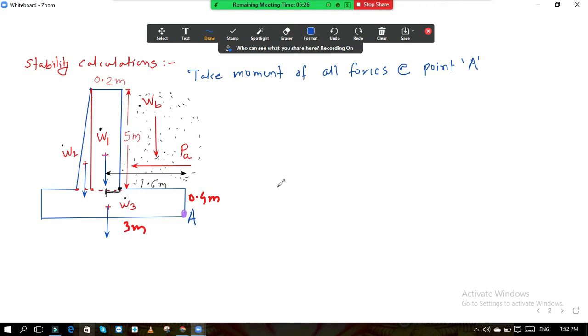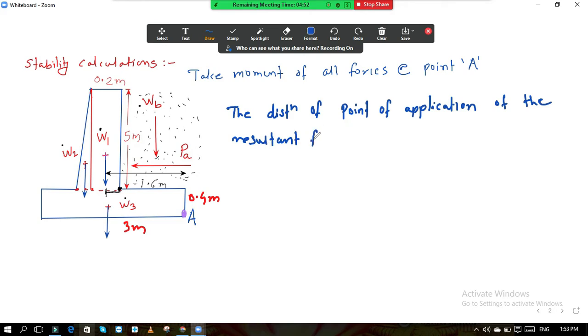Here I can write the distance of the point of application of the resultant force from point A. How to calculate this from point A?